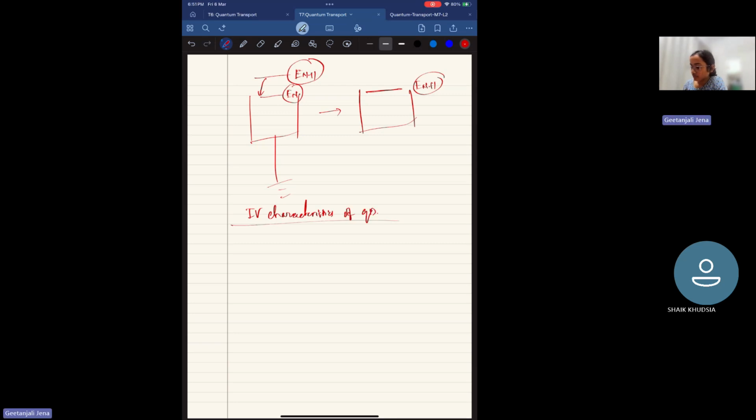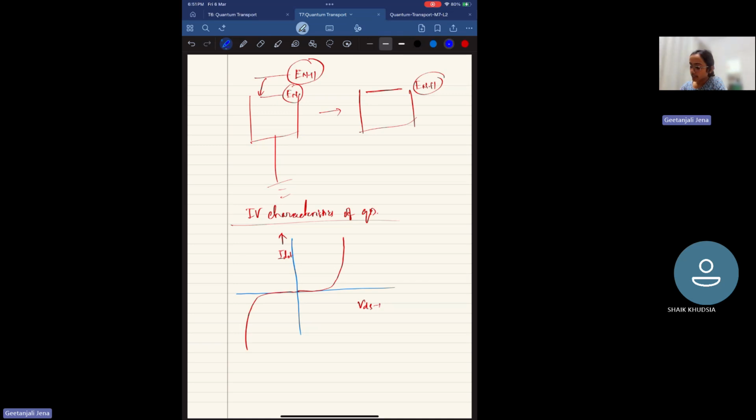If you recall, for a drain-source voltage which is less than e by C sigma, the current is 0. The current is blocked because of this Coulomb blockade effect.